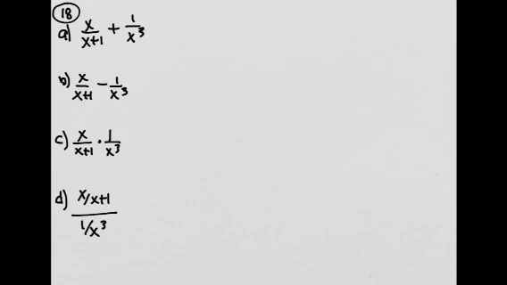Okay, so here's the setup again for the next set of 4 problems. We're adding, subtracting, multiplying, dividing two rational functions. So remember, we need a common denominator. And so for A and B, the common denominator is the product of x plus 1 and x cubed.